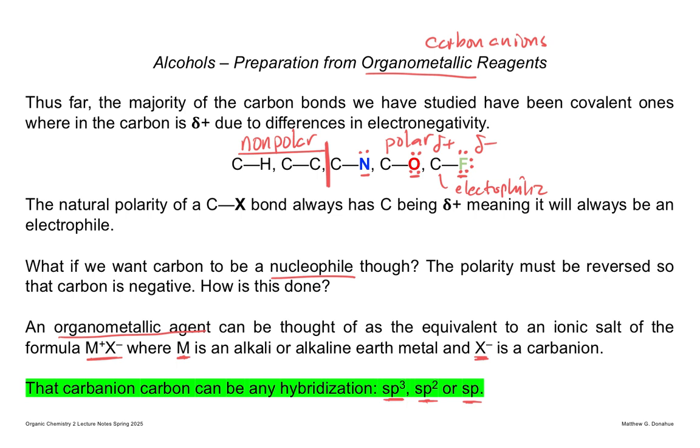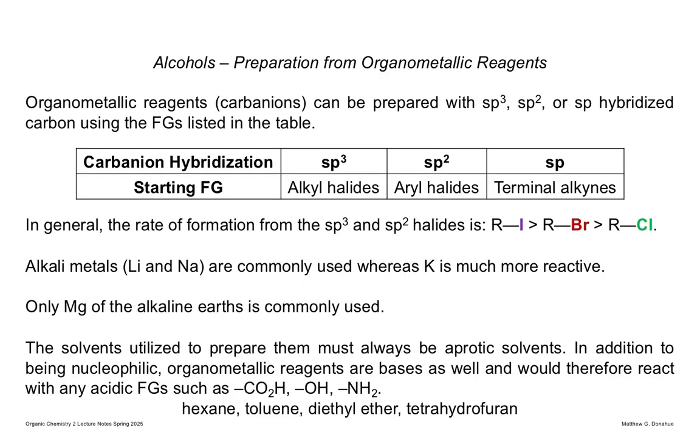So we can make any carbanion based on the hybridization, and then going back to all the functional groups we've learned. What are the hybridizations and the functional groups? If we want an anion where the carbon is sp3 hybridized, we start with an alkyl halide.